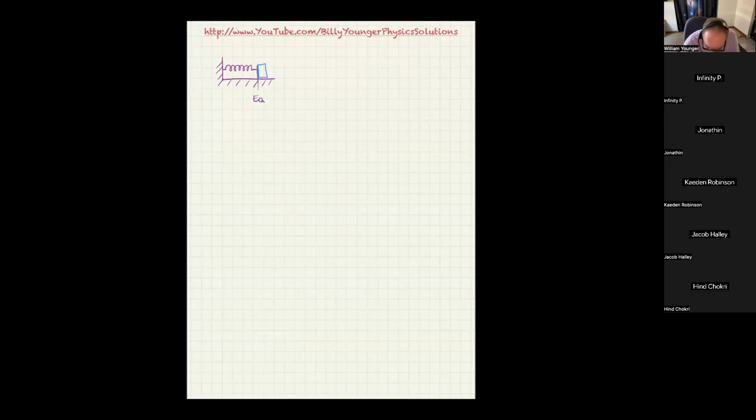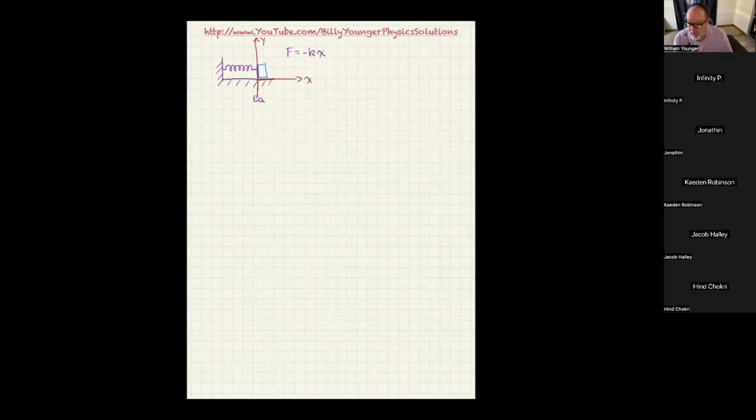Now I can set up my coordinate system such that x is there and the origin happens to be right in line with the left edge of the mass. We know that Hooke's law says the force is equal to negative k times x.